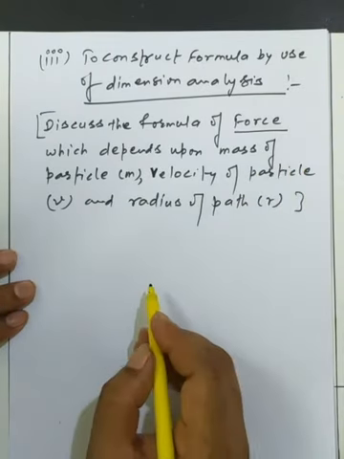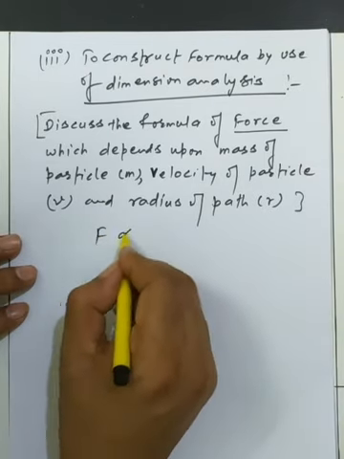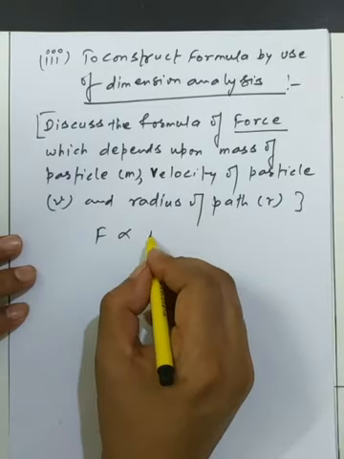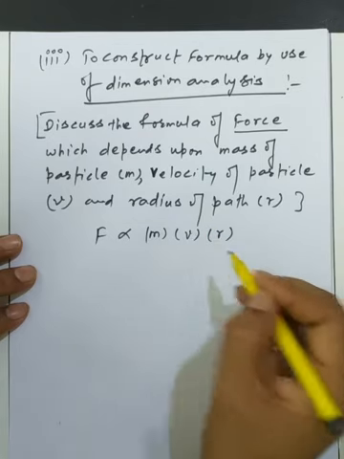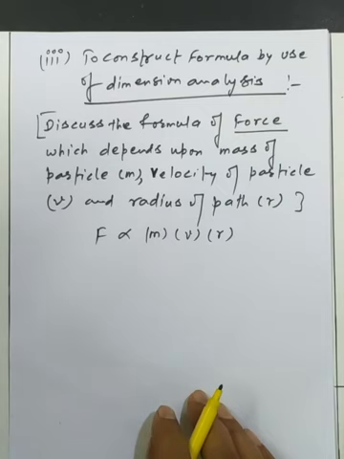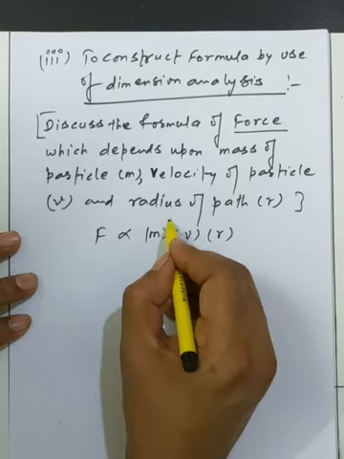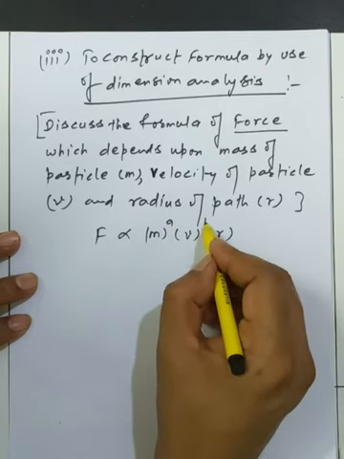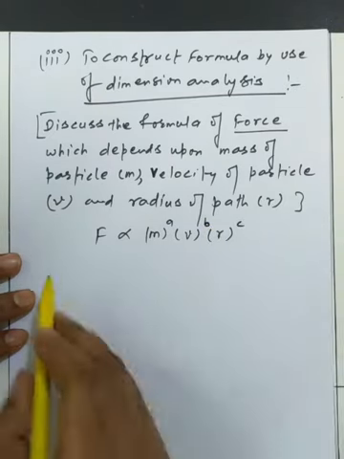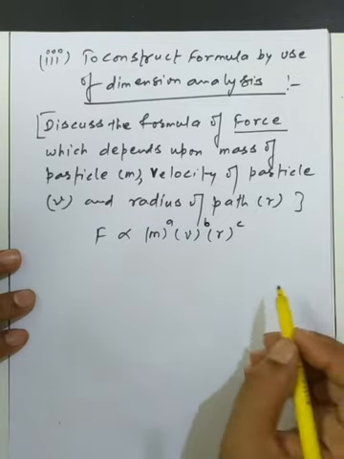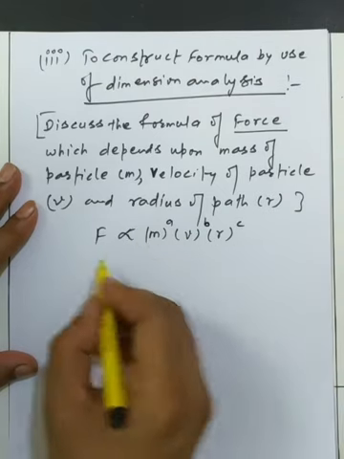So mathematically we can convert this statement. We can easily write that force depends upon what? First the mass, second the v, and third the r. So what will be the finalized formula on behalf of the dimensions? As per our notation, the power of m is a, the power of v is b, and the power of r is c. In physics, whenever we remove the proportionality sign, we use a constant.